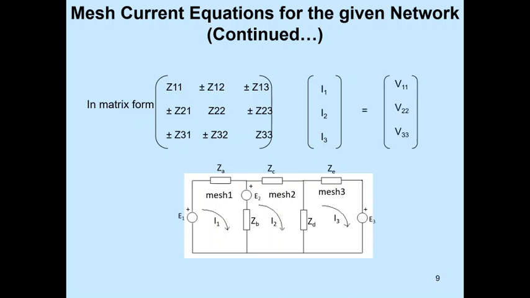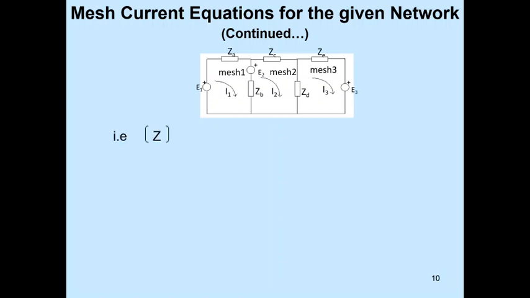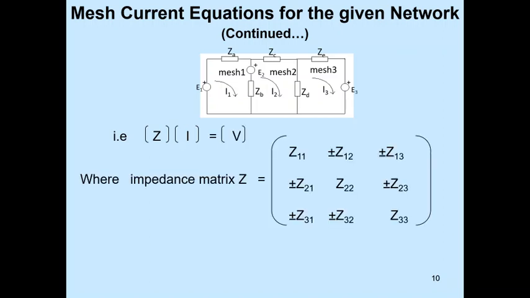That is, impedance matrix into current matrix is equal to the voltage matrix, Z into I is equal to V. Z11, Z12, Z13 are the first mesh equation coefficients, Z21, Z22, Z23 are the second mesh coefficients, and Z31, Z32, Z33 are the third mesh equation coefficients. These form the impedance matrix.